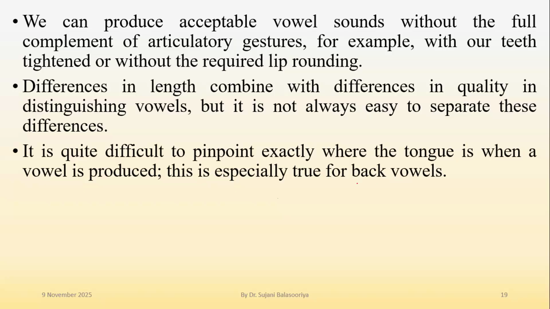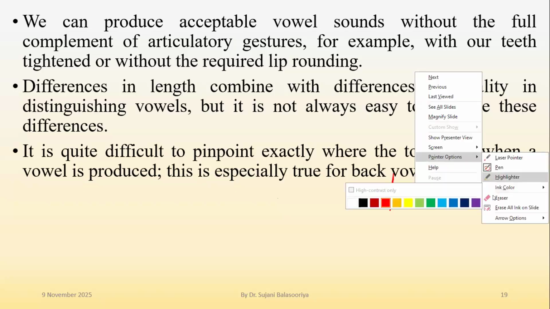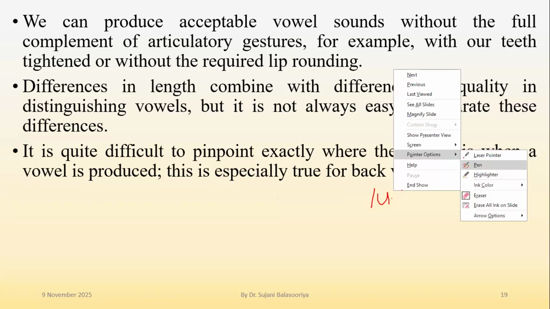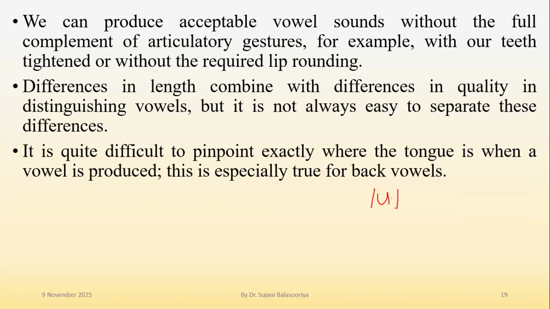Yeah, back vowels. Now we are going to talk about these different types of vowels. One example for a back vowel is U, right? U. This one. The position of the tongue, sometimes it's not very clear. Okay, we know the tongue is there inside the mouth, but how it's located exactly, the exact location, sometimes we may be unable to identify.